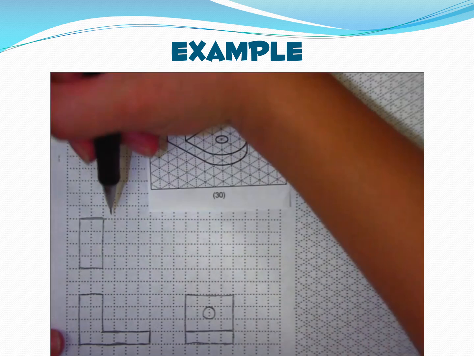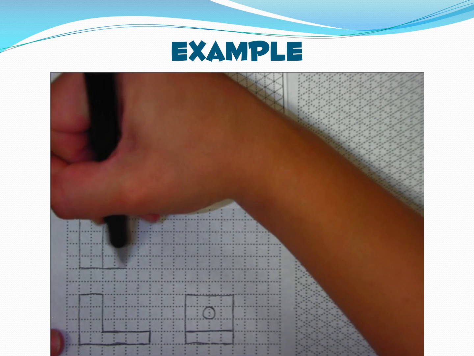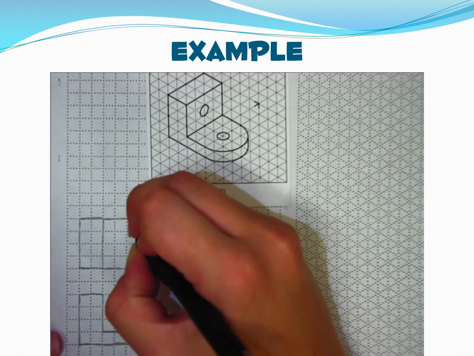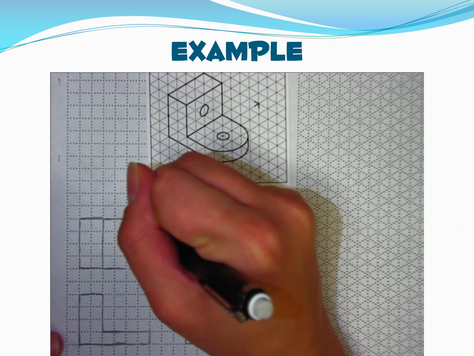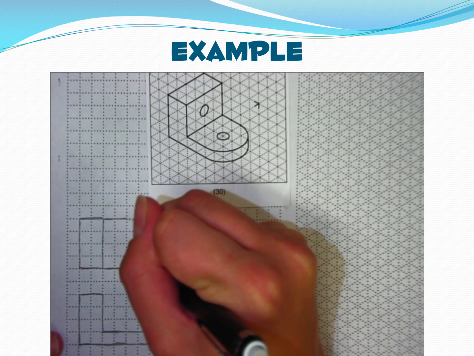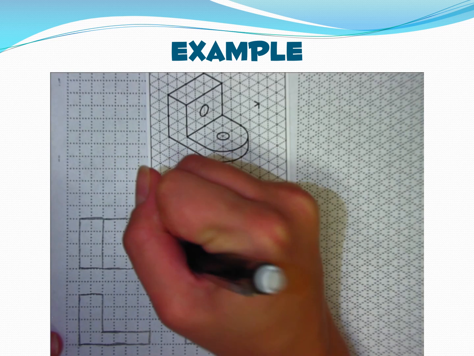So I'm going to do 2 straight blocks here and 2 straight blocks here. And then our curve has a radius of 2 blocks. So it looks something like that.